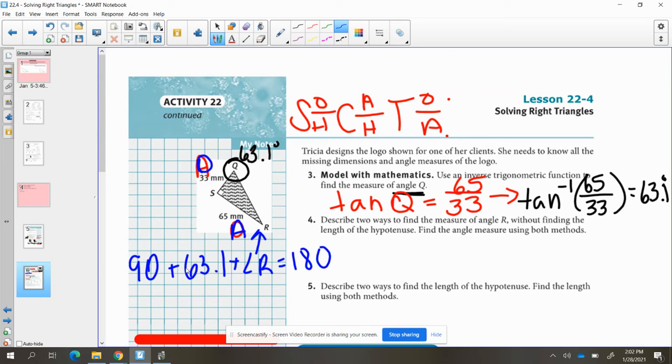So you could also add these two together and subtract from 180 to get angle R as well.